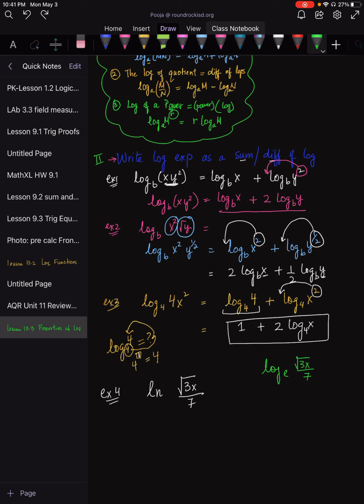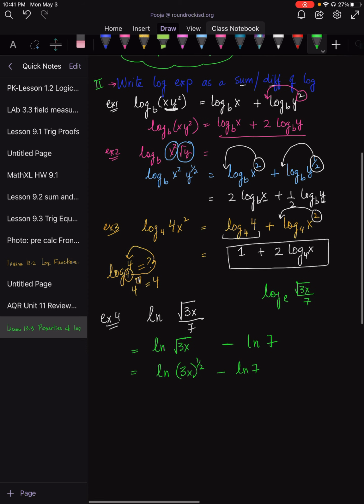When we're dividing, we can rewrite it as the subtraction of the numerator's log, natural log here, minus natural log of 7. And how do I know I'm done? Well, remember, this is a square root, which means 3x is raised to the power of half. And the minute I see a power, it's time to use the third property, that the power can be brought in the front.